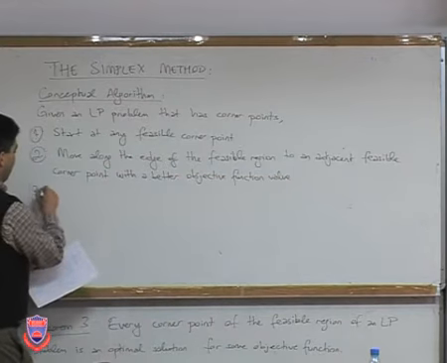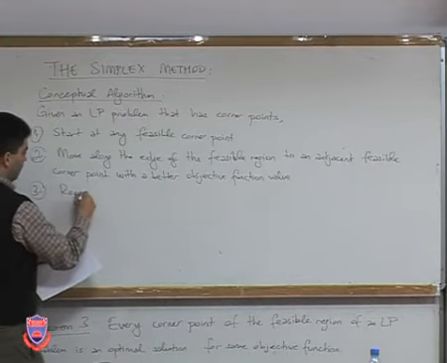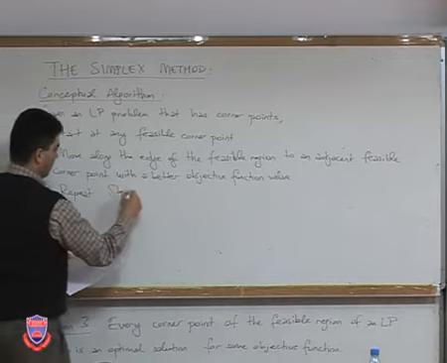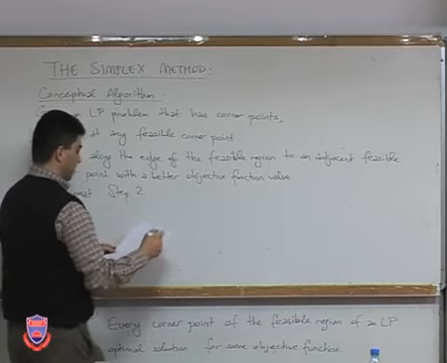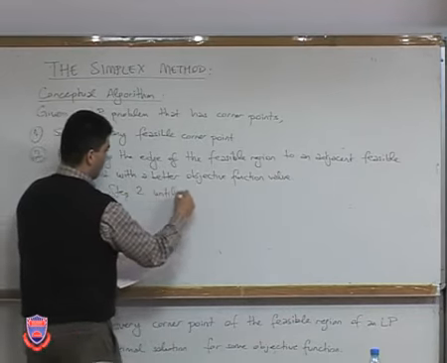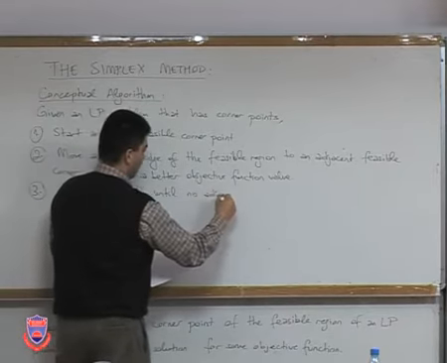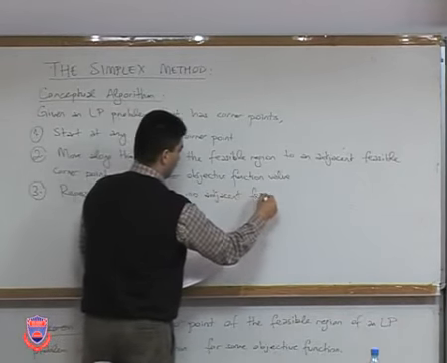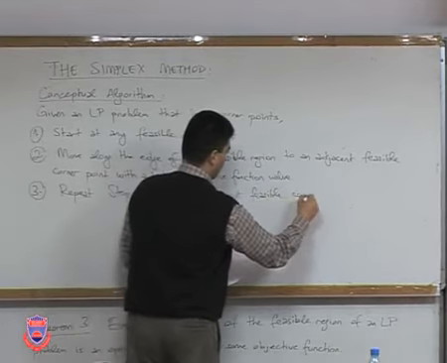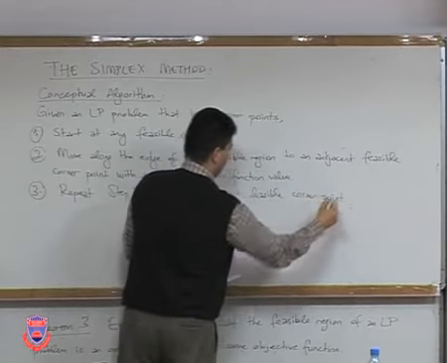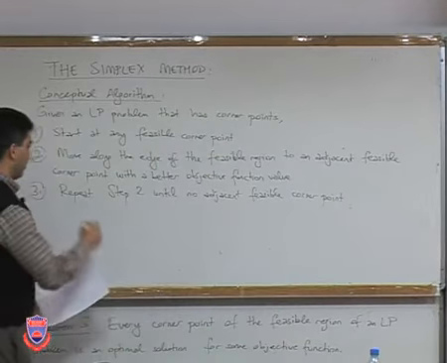Step 3: repeat step 2 until no adjacent feasible corner point has a better objective function value.